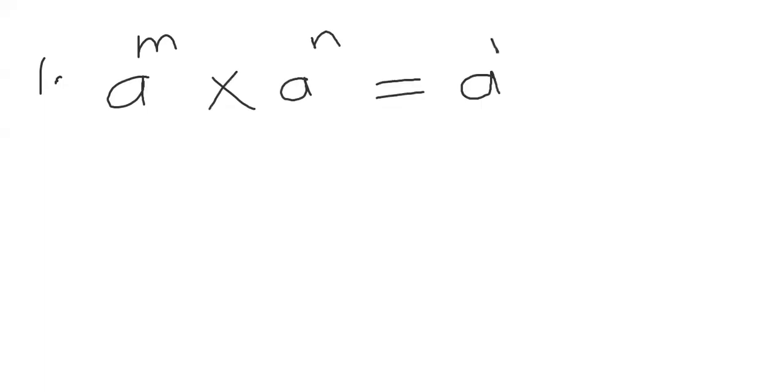I'll start off with the first rule of indices. The first rule says, if you have a to the power m and you are multiplying it by a to the power n, then you should get a to the power m plus n.